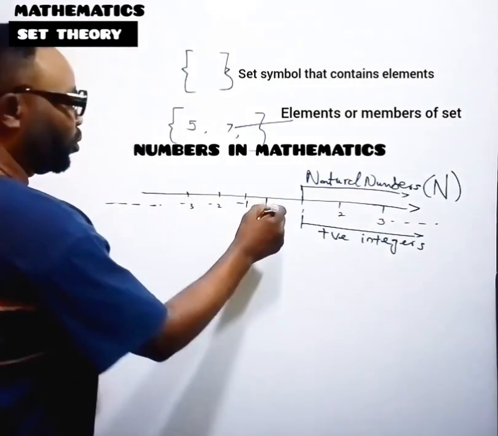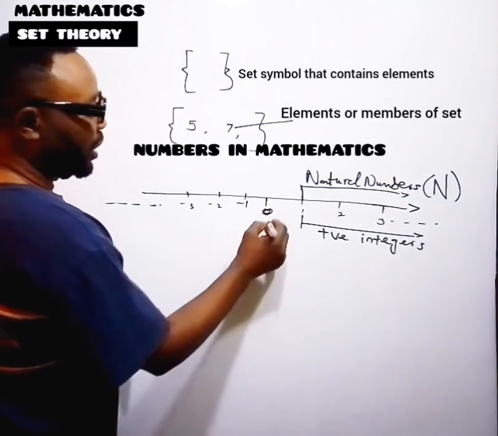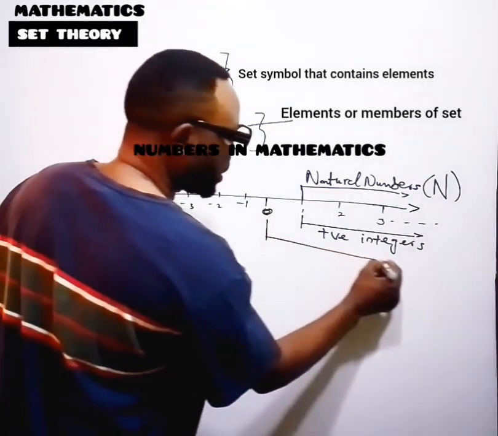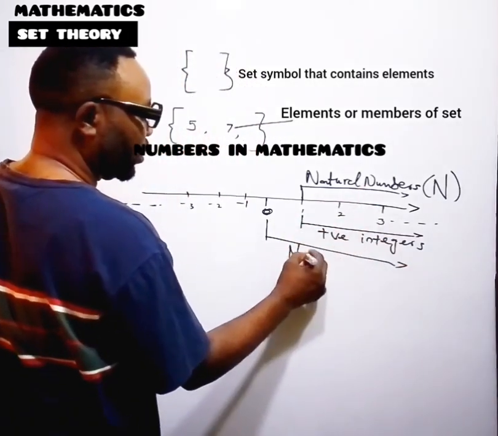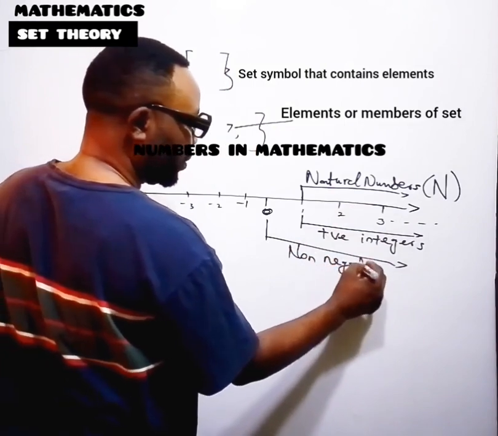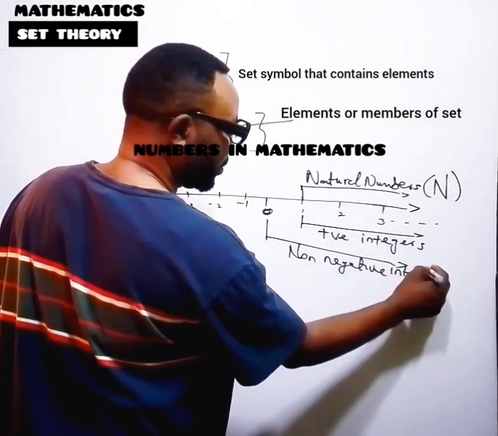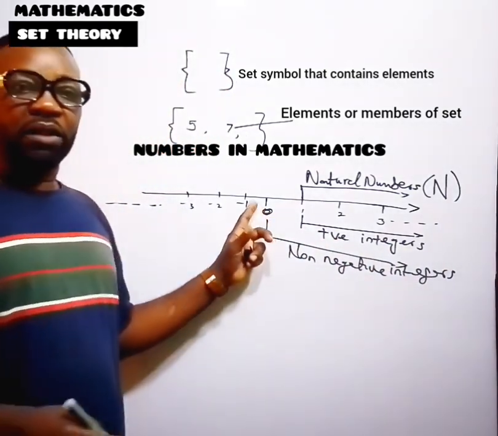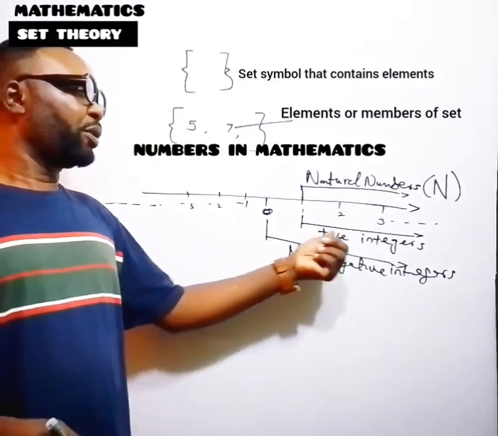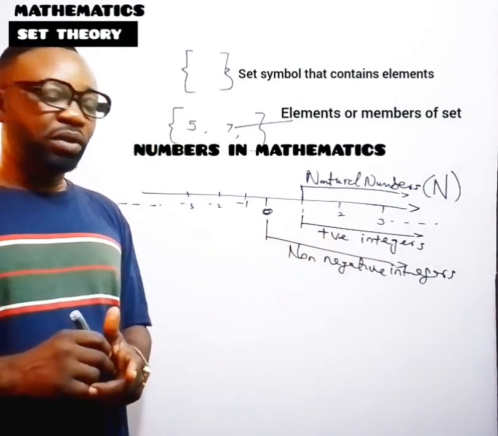Now, you can see that this is 0 here. If I take this 0 alongside all these positive integers, I call them the non-negative integers. Any number that starts from 0, if you include 0 with the positive integers, is called a non-negative integer.